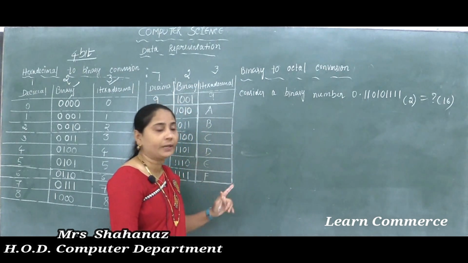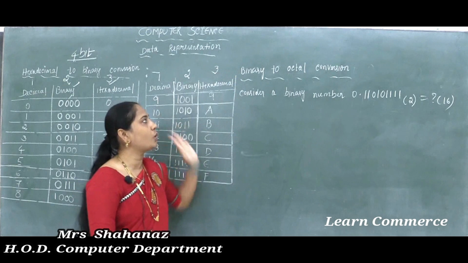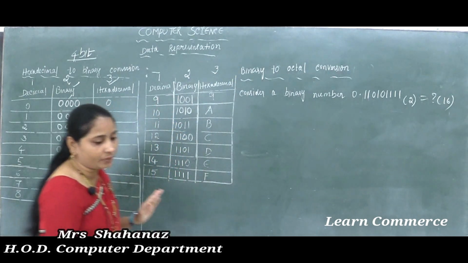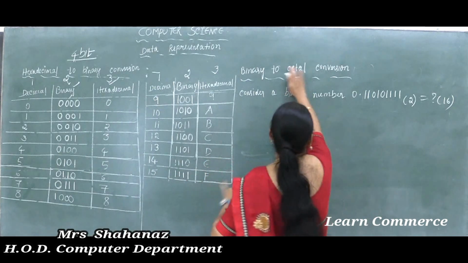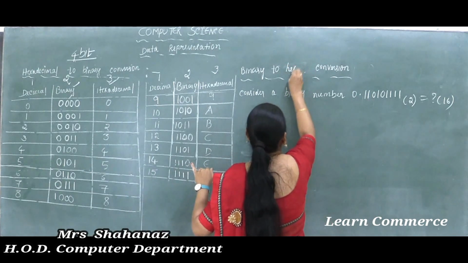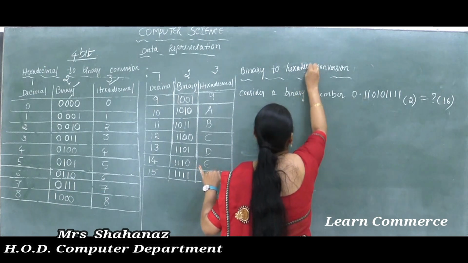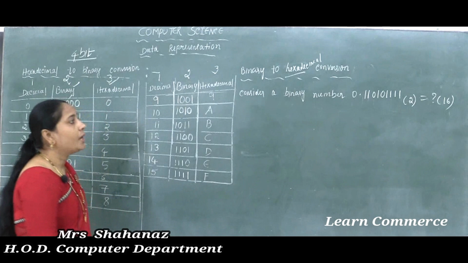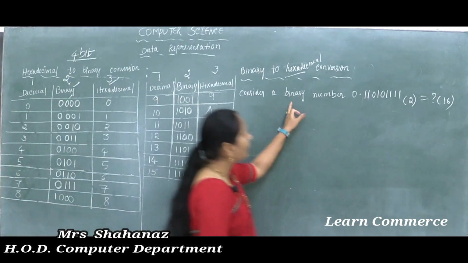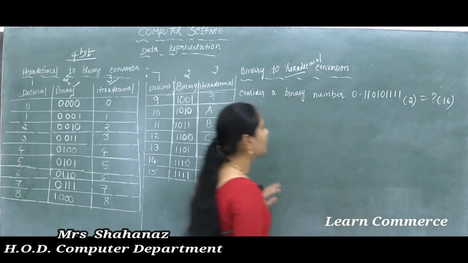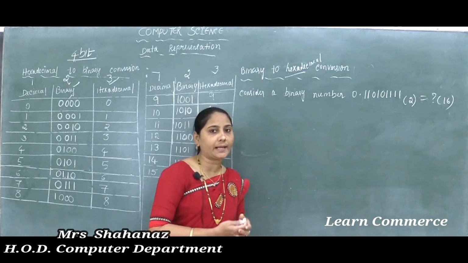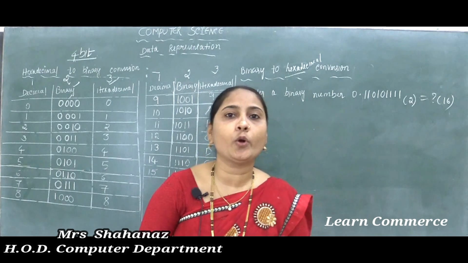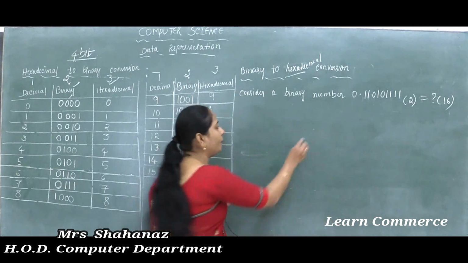Now let's do the second question, and here also I am going to do a conversion: the binary to hexadecimal conversion. Clear this point here. So how to convert binary to hexadecimal? As I already explained, we break the binary digits into groups of 4 bits, starting from the binary point.